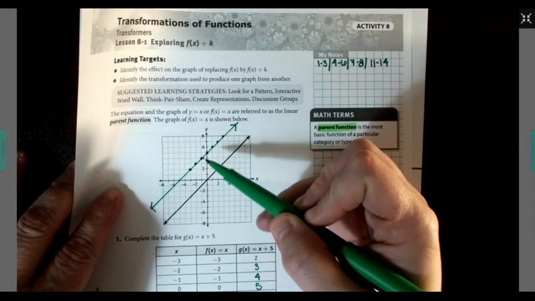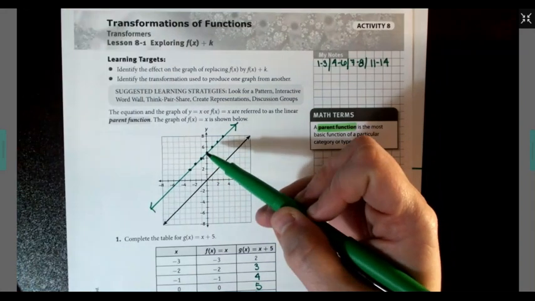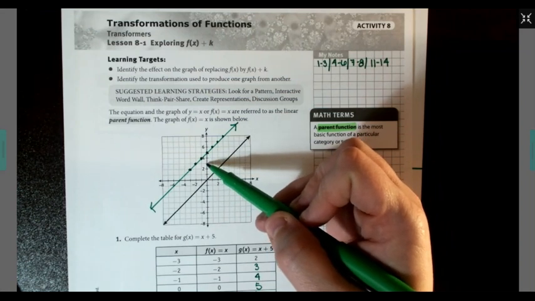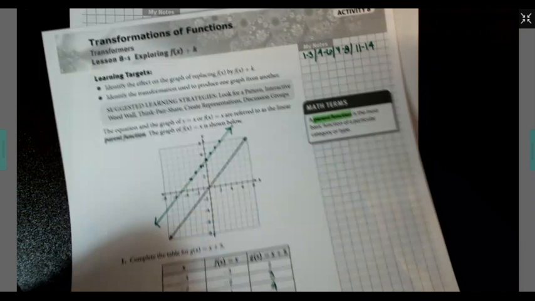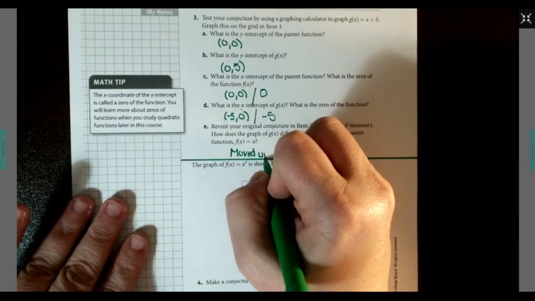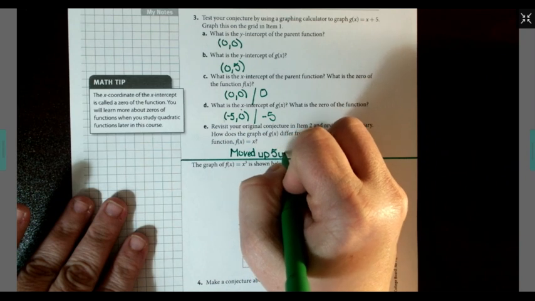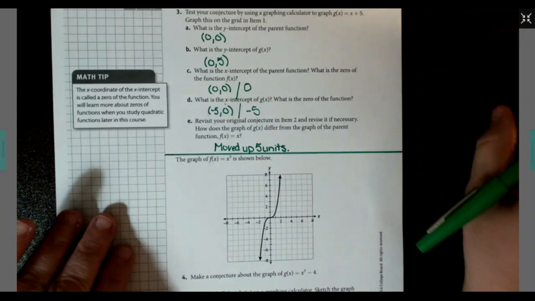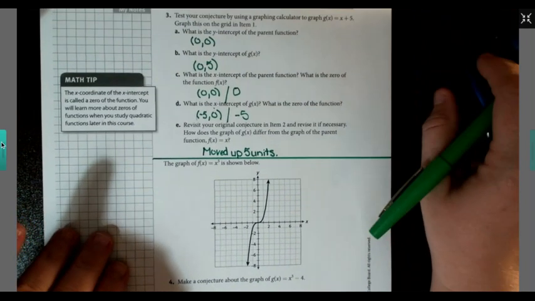My y-intercept went from being here to being here. So it has gone 1, 2, 3, 4, 5. It has shifted up, or moved up, 5 units. On to the wrap up of this section.